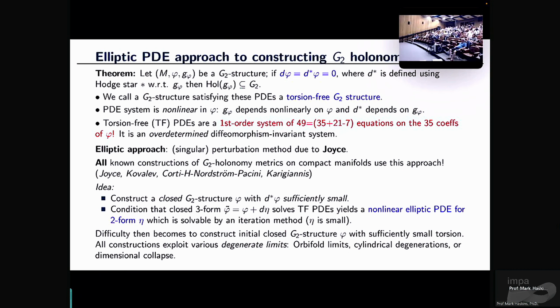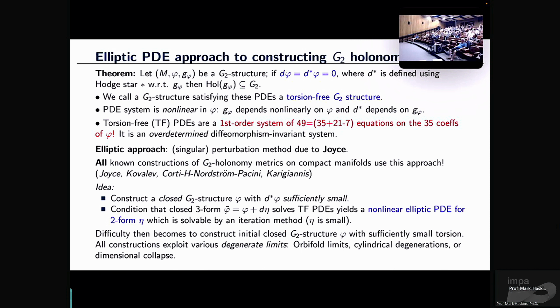So the original constructions of Joyce were these generalized Kummer constructions. You take a flat 7-torus quotient by an appropriate finite subgroup of G2 and then try to resolve singularities.